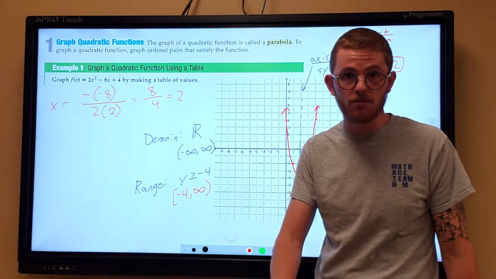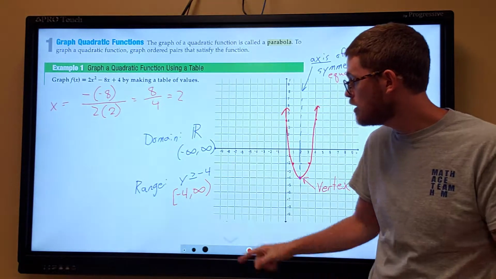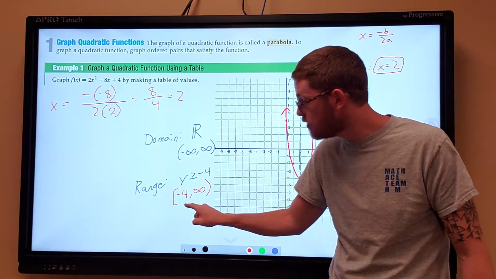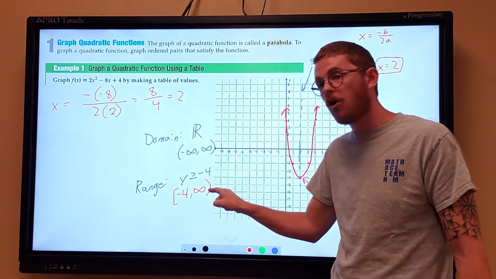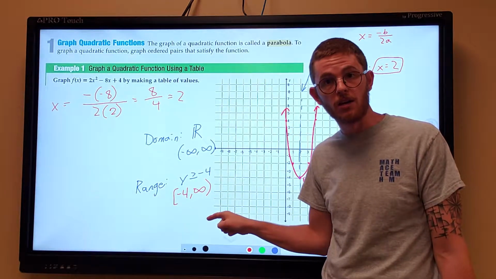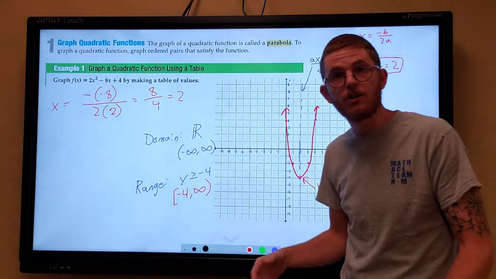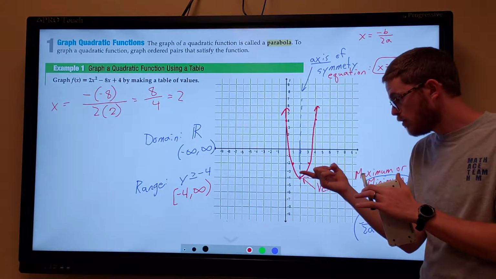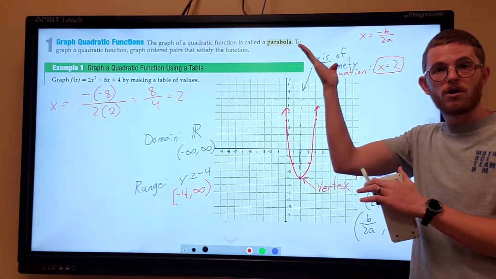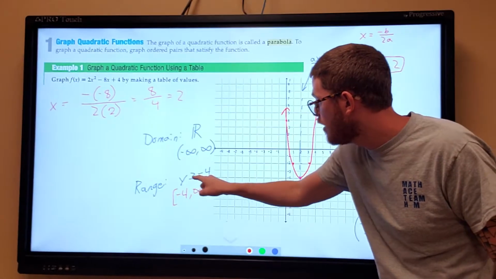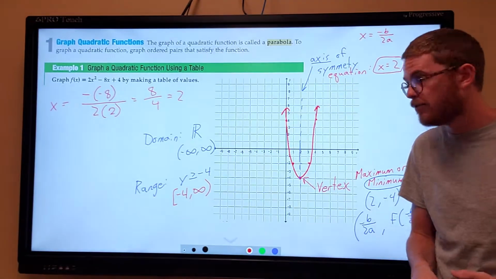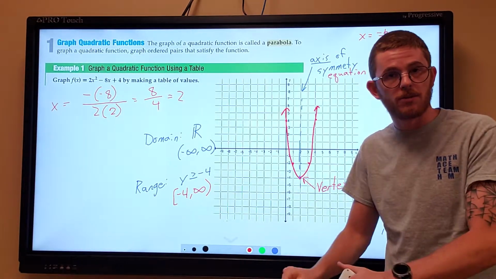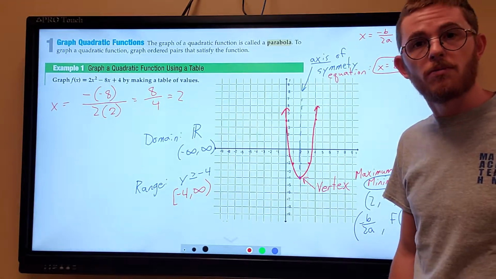Maybe not today, we'll talk more about this notation, but this notation says negative 4 is included in the range, but then it goes all the way to positive infinity. So the range is starting at negative 4, going to positive infinity, all y values equal to or greater than negative 4, but we want to be able to express it like that. Maybe not today, maybe not tomorrow, but probably next week.